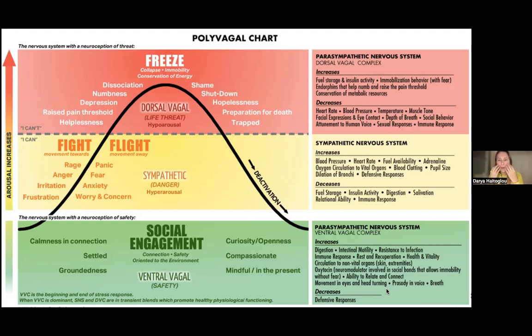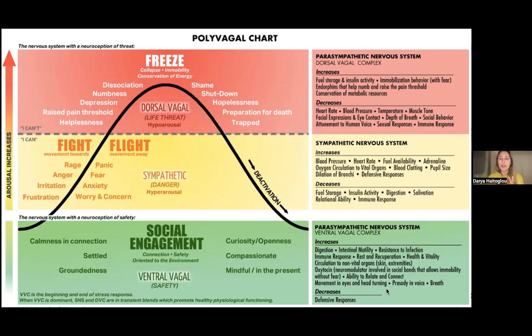The facial expressions, the eye contact, we move away from looking in people's eyes, or muscle tone just goes into a different state. The temperature of the body decreases, and there's this whole conservation of metabolic resources.